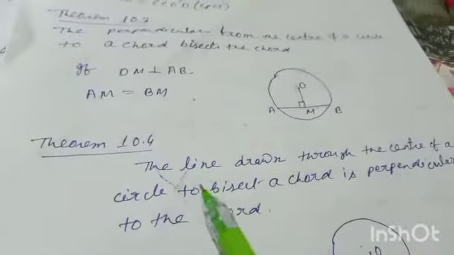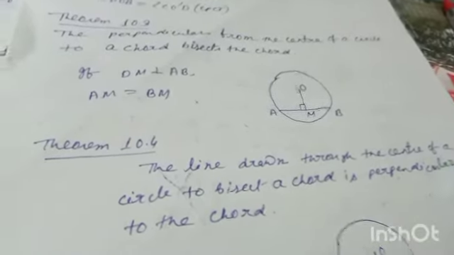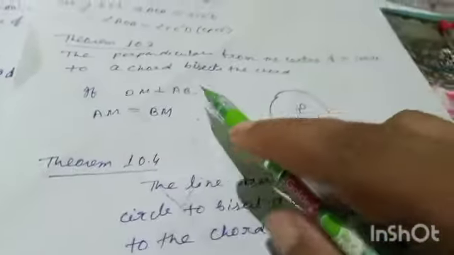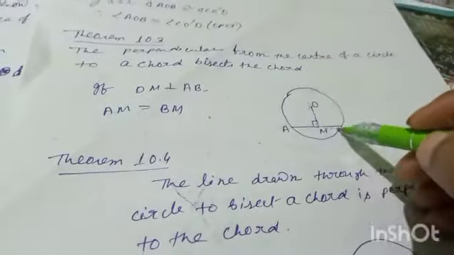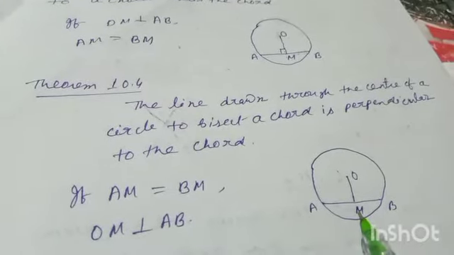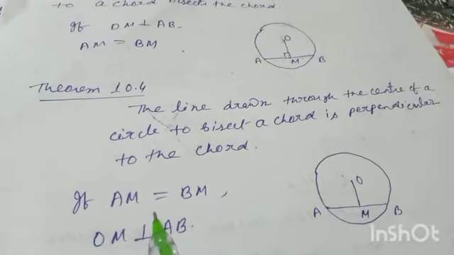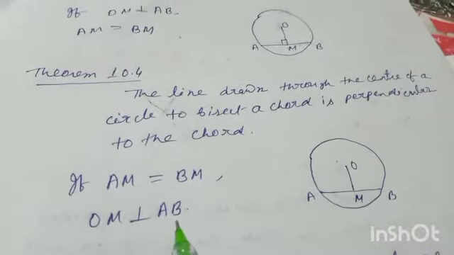Theorem 10.4: the line drawn through the center of a circle to bisect a chord is perpendicular to the chord. It is just the converse of this theorem. Here we have if OM is perpendicular to AB, then AM is equal to BM. There they did not tell us that it is perpendicular. They told us that if AM is equal to BM, then OM is perpendicular to AB.